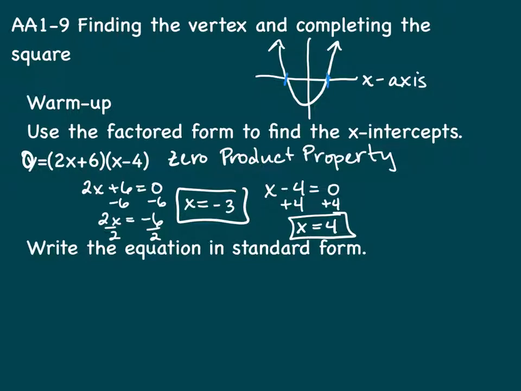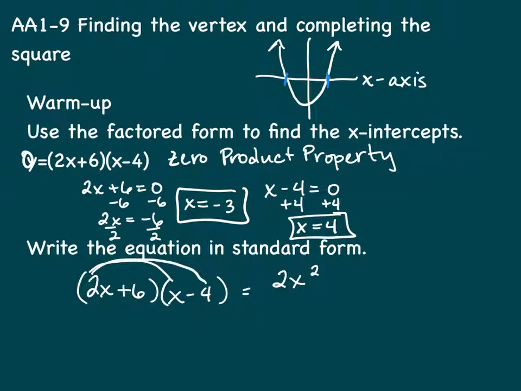And then writing the equation in standard form. We did some work with this last class. We're just multiplying it out. So 2x plus 6 times x minus 4. 2x times x gives me 2x squared. 2x times negative 4 gives me negative 8x. 6 times x gives me a positive 6x.